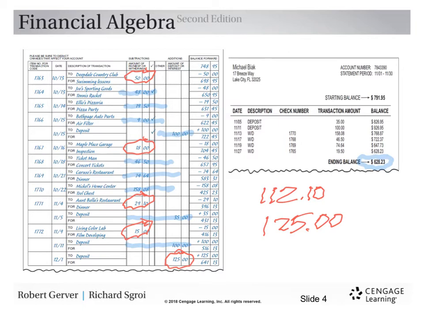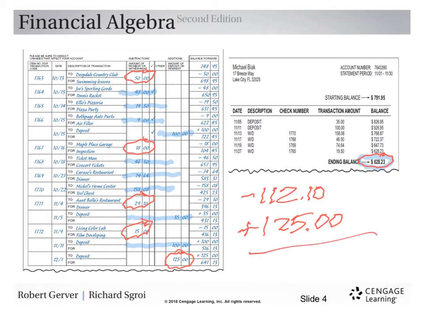So if I subtract these outstanding checks and I add this outstanding deposit to this amount over here, $628.23, what do I get?